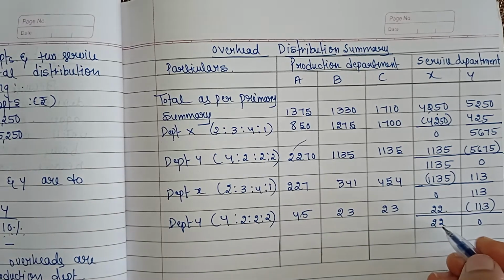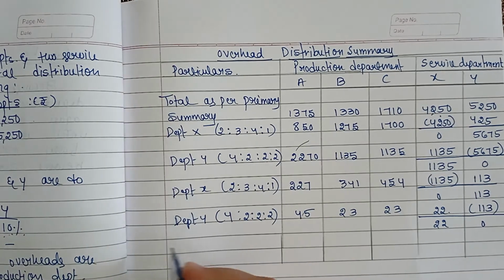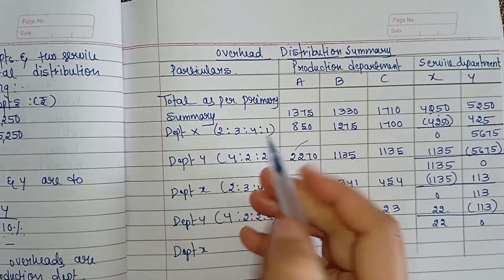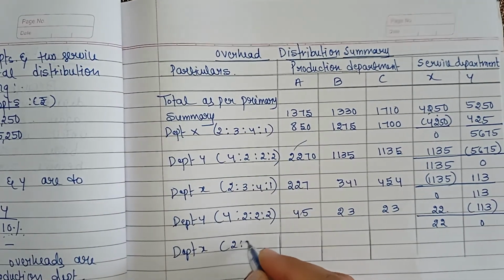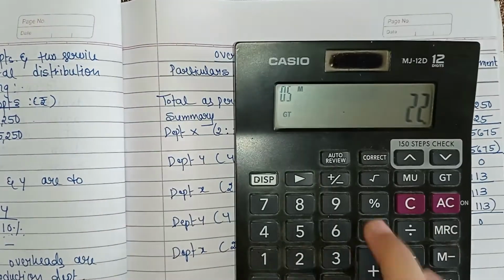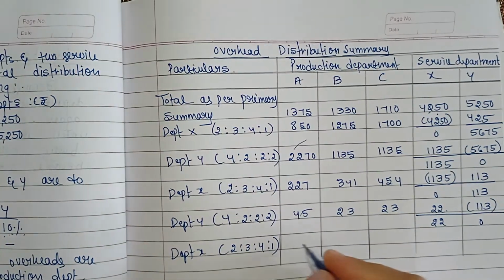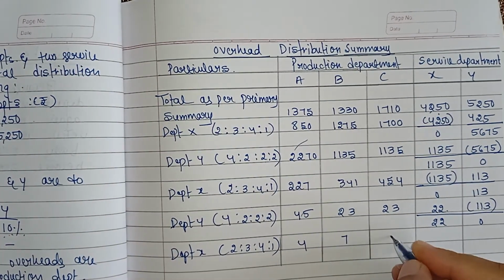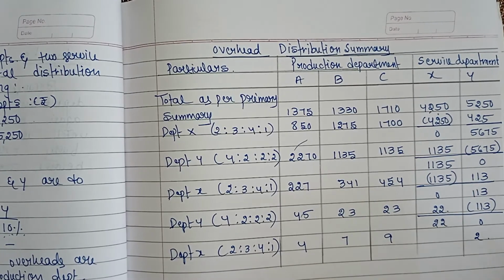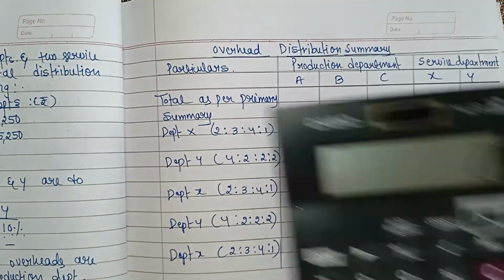Clear? Now again redistribute department X overhead, that is rupees 22. So department X on the basis of 2:3:4:1. 22 into 2 divided by 10, that is 4.4. Write down 4, 7, 9 and here 2 only. 22 into 1 divided by 10, 2. Right?